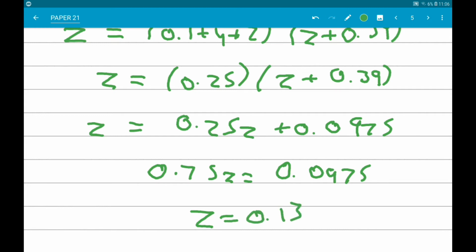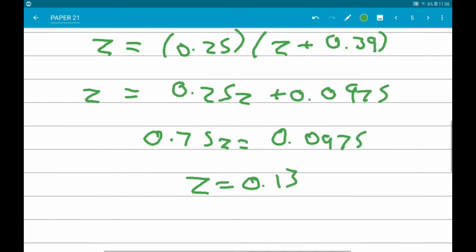Now we know y add Z is 0.15, so y is 0.02.